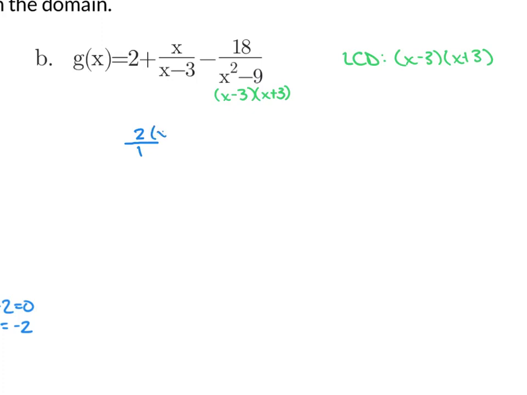I'm going to multiply by x minus 3, x plus 3 to the top and bottom, plus, second one, I want to multiply by x plus 3 to the top and bottom, and the last term can stay the same.